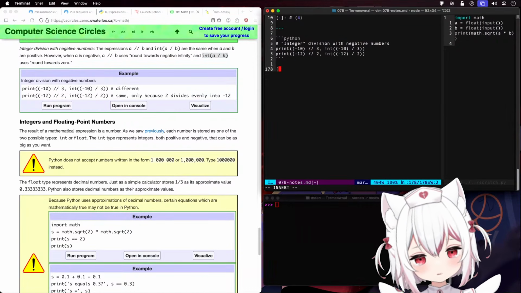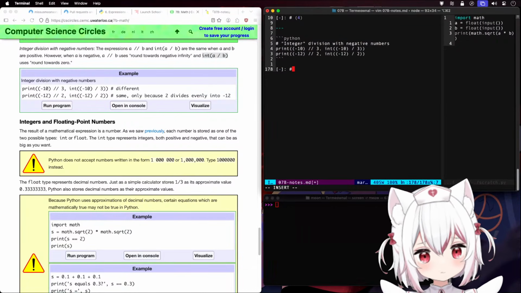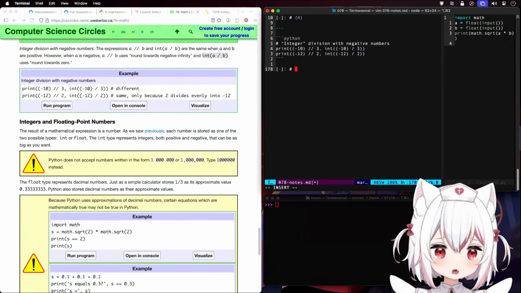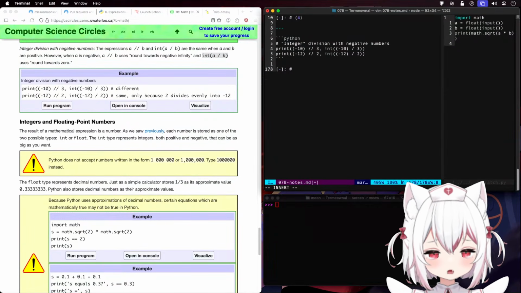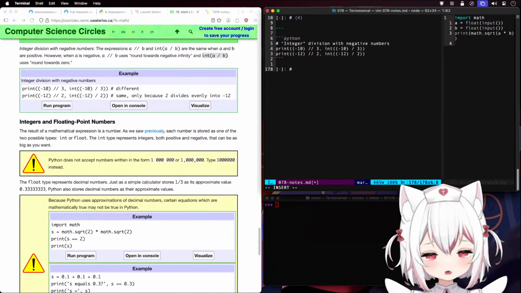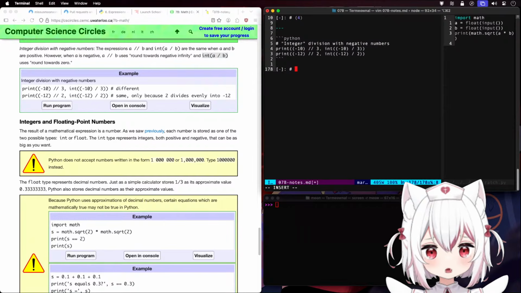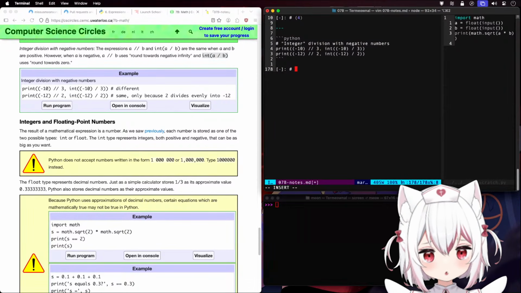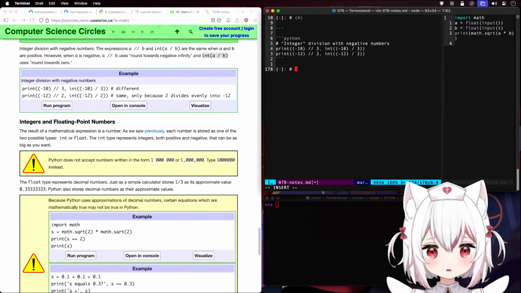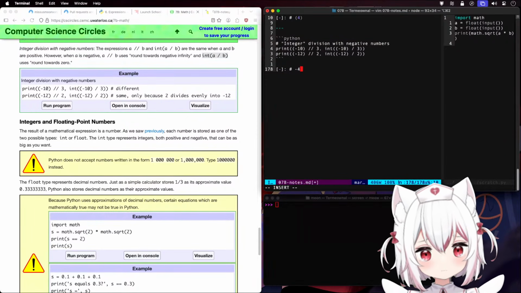And we got, what do we got? Negative 10 floor divided by 3, ignoring the remainder, would be negative 3, but we round down, so we get negative 4.